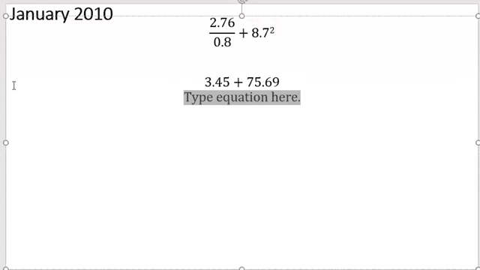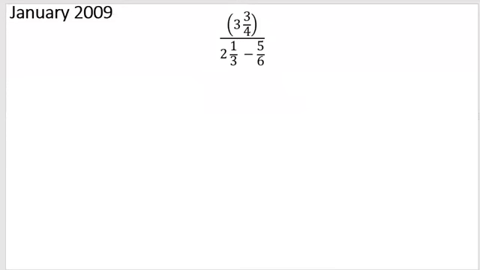I wanted the students to practice it with the 0.8 using fraction, and see that whichever way you work it, you'd have arrived at the same answer. But there's no need to do that now, as we're just working with the instructions that came from CXC. So now we have 75.69 plus 3.45, and you will get 79.14 as your answer, and it is as simple as that.